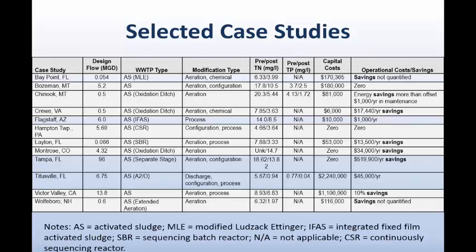We didn't define it as a cost number threshold because we were dealing with plants from 50,000 gallons per day to 100 million gallons per day. There's some subjectivity in there, but we basically looked at it as not building new tanks, and to some extent not wholesale replacement of mechanical equipment.